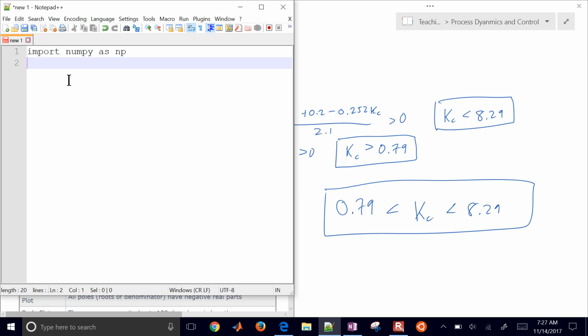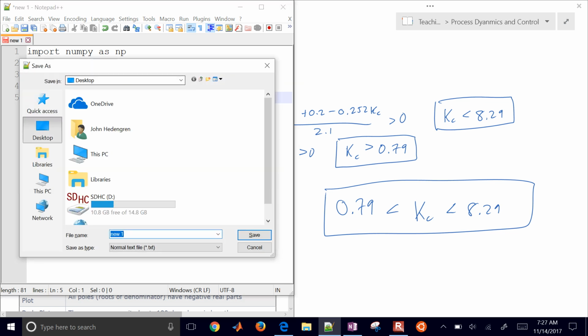I'll do from SciPy import signal, and then import matplotlib pyplot as plt. Okay, and let's just save this as stability.py.